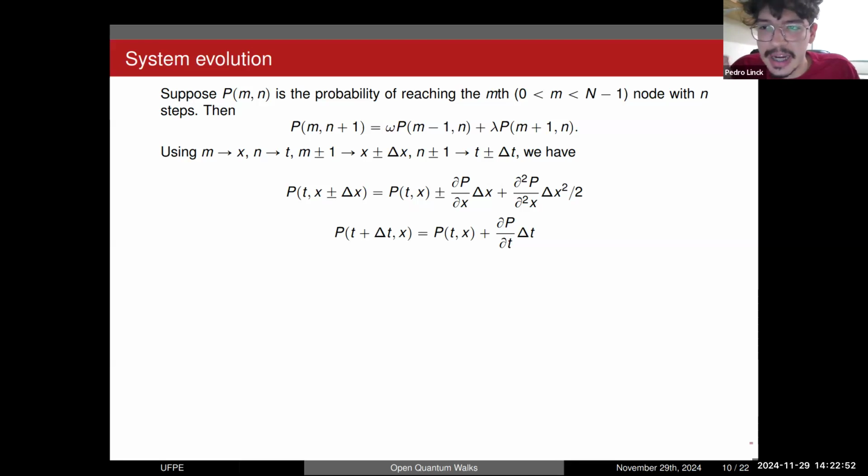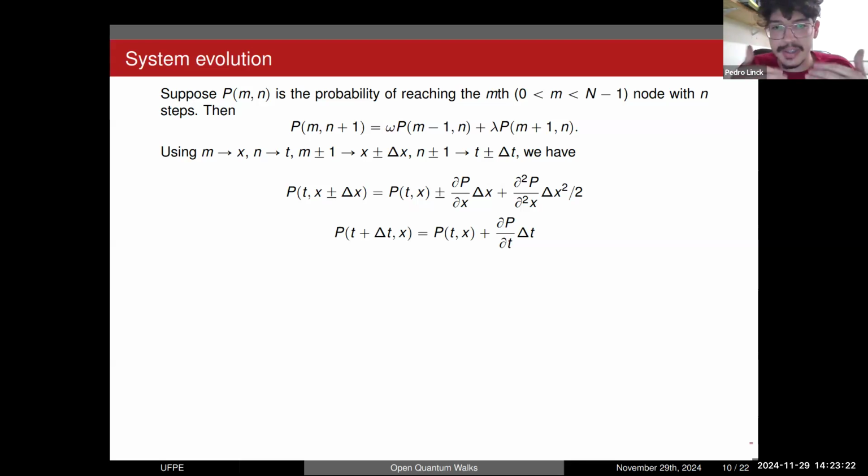This is just because in space, if you expand only to first order, you lose the notion of dispersion. So you will still have an approximation for a solution, but the approximation will be terrible, okay? So we expand to second order in space to capture the notion of dispersion of this walk, okay?